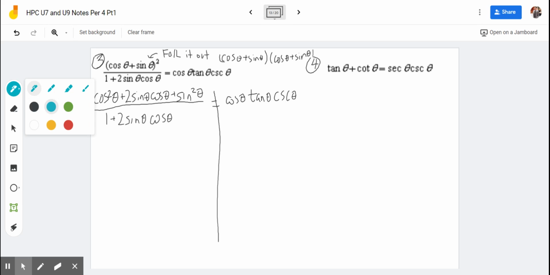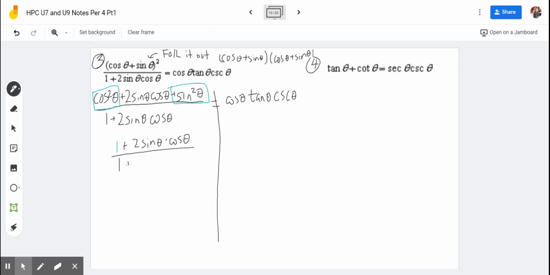And we see that there's going to be another Pythagorean identity. Cos squared plus sine squared, that's 1. So you have 1 plus 2 sine theta times cosine theta over 1 plus 2 sine theta cos theta.